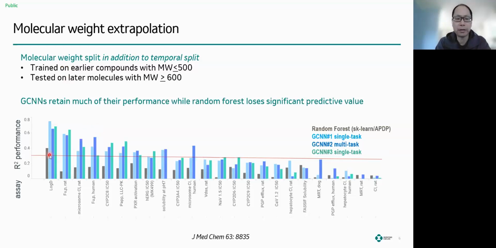And you can see that the graph neural networks retain a lot of their performance in this type of test, whereas the random forest approach tends to lose a lot of its predictive performance. And so this was exciting and something really different than what we've seen before with ML approaches, and shows the potential for these newer deep neural network approaches.